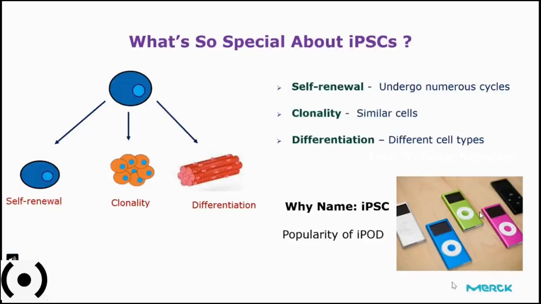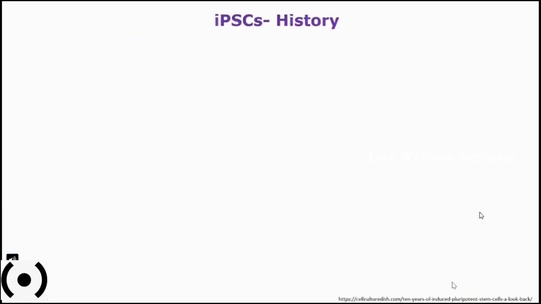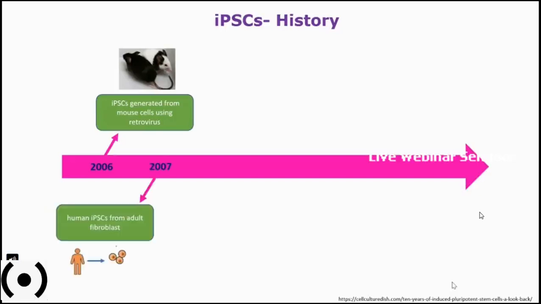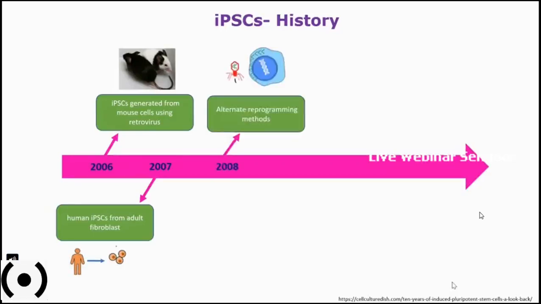Okay, now I will give you a brief history of iPSC, though I already covered it. In 2006, Yamanaka for the first time generated iPSCs from mouse fibroblast. The next year, 2007, he did the same experiment in human fibroblast. In 2008, alternate reprogramming methods came into existence.